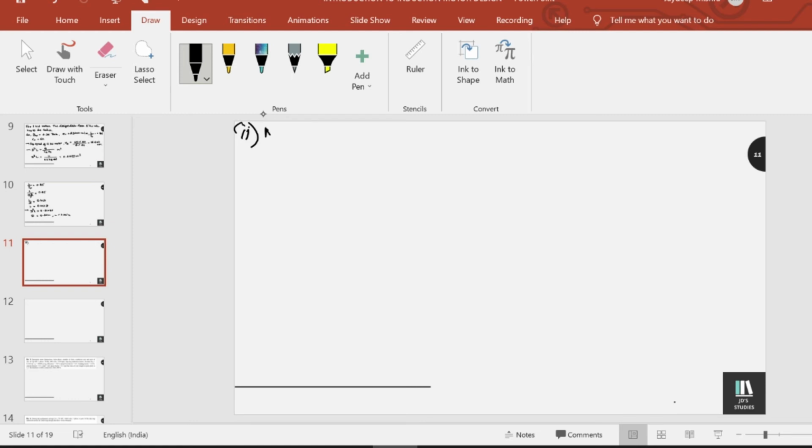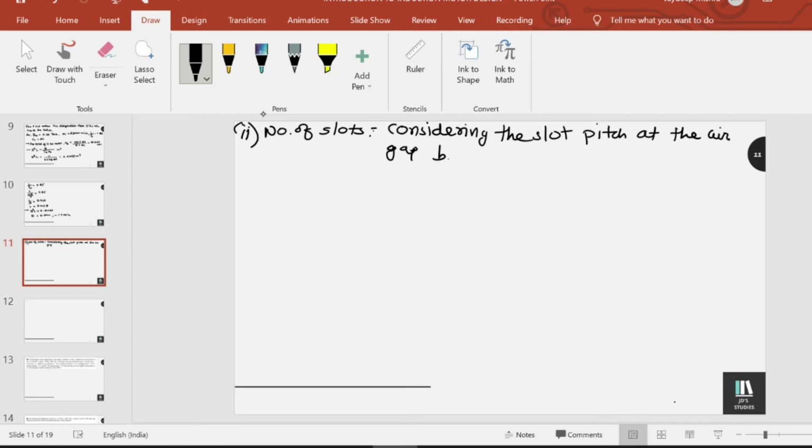Considering the slot pitch at the air gap between 1.5 centimeter and 2.5 centimeter, what is the value of the number of slots?